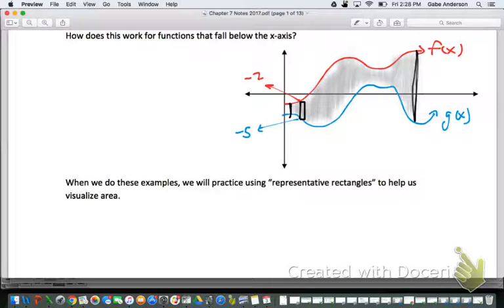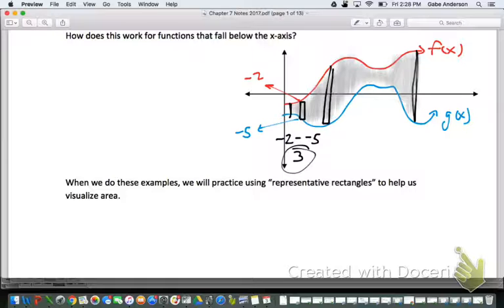So if I think about high minus low for the height, high minus low would be -2 minus -5, which is really +5, that's 3. And just drawing the rectangle there, you can see that it's going to be 3. Just by going high minus low, you get the correct height. So when both functions are below the x-axis, the formula holds true. We don't have to make any special adjustments.